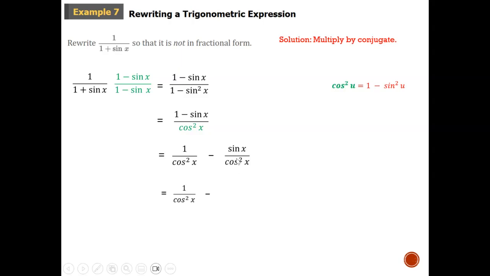Here I'm going to separate this. I'm going to put sine x over cosine x times cosine x. Now, I know that sine x over cosine x is equal to tangent. And again, guys, when you begin to practice and use the identity formulas, you always should have those at your disposal. This way, you can know what you can use.